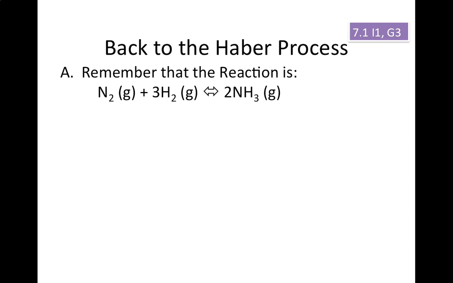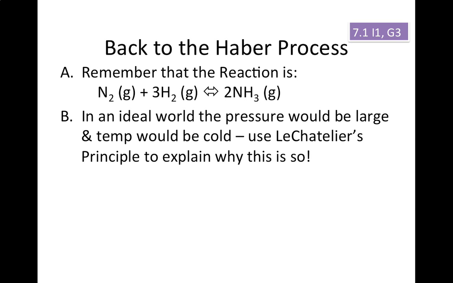Now we're thinking back to the Haber process that was introduced yesterday. We said that the reaction was nitrogen and hydrogen gases reacting to form an equilibrium reaction with ammonia. In an ideal world, the pressure would be large and the temperature would be cool, and that's because of Le Chatelier's. So if we look at this, thinking of pressures, I want, in industry, to form as much of my product as possible.